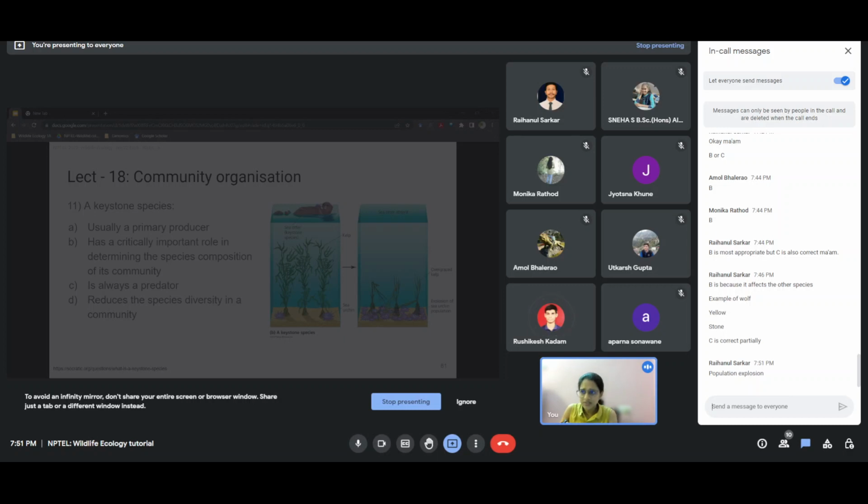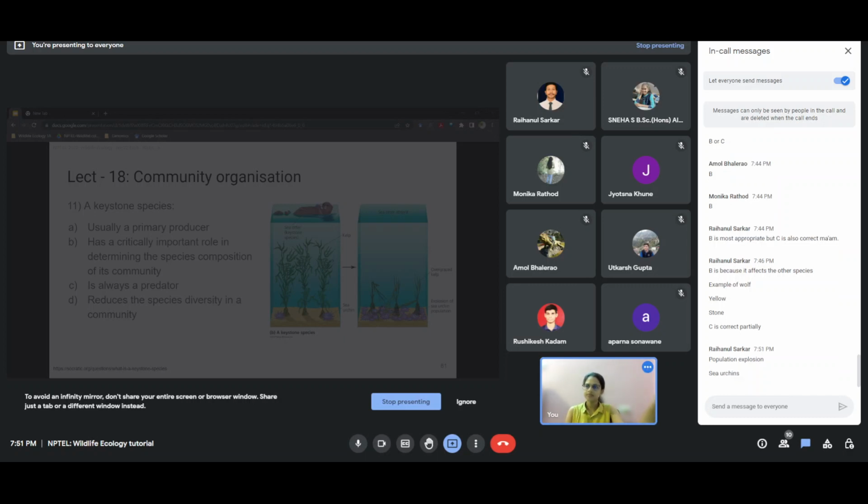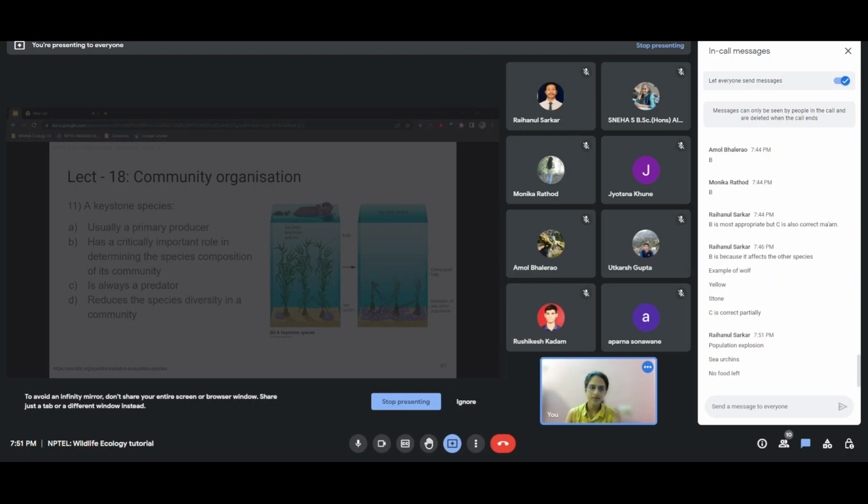Yeah, population explosion. Okay, so Ryanol mentions population explosion. So what is population explosion? Population explosion of which organism? Sea urchins. Yes. So after the population of the sea urchins explodes, what happens? Overgrazing happens, right? And once overgrazing happens, yes, there is no food left.